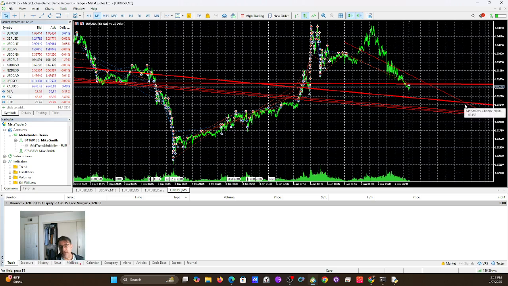If price is around here at this intersection time, then I would look for price to rise to fill up this reward zone. So let's take a look at what happens tomorrow.